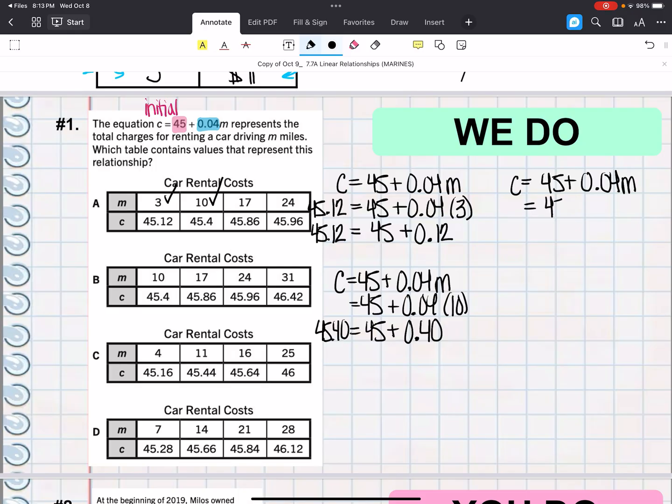This time replacing m with 17. So from here, we're going to first multiply the 4 times the 17, giving us 68 cents.